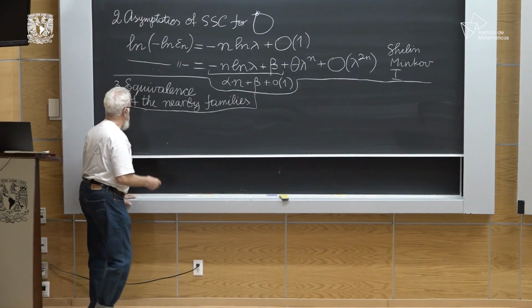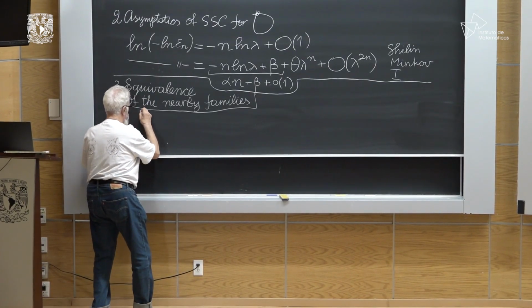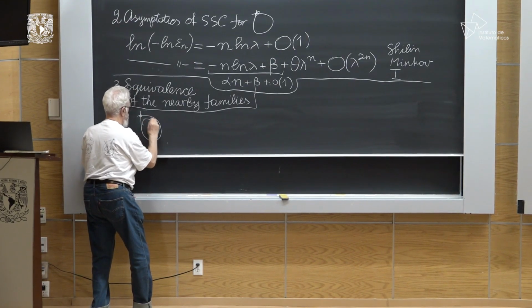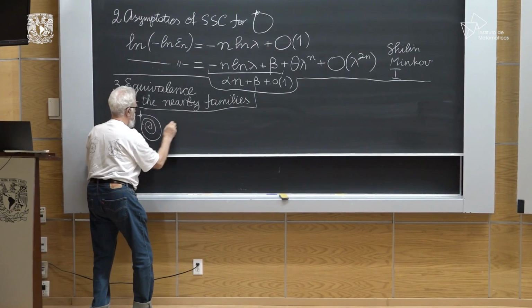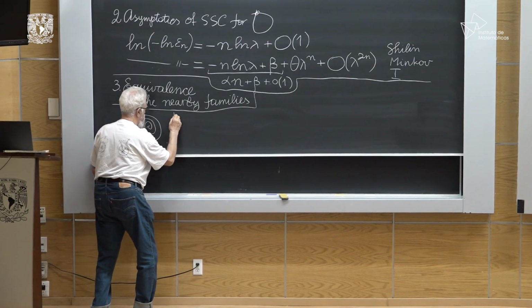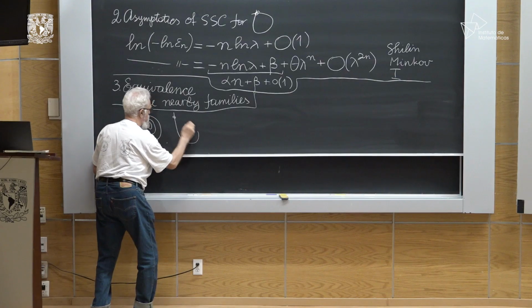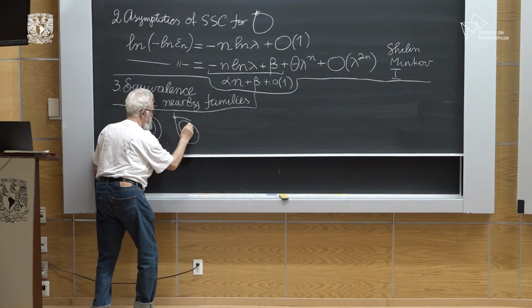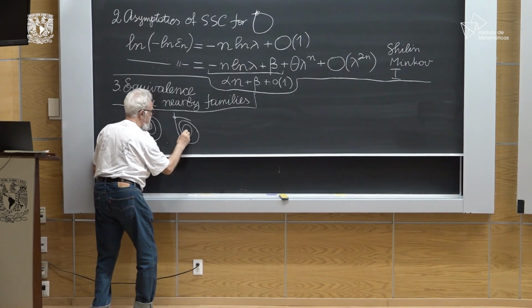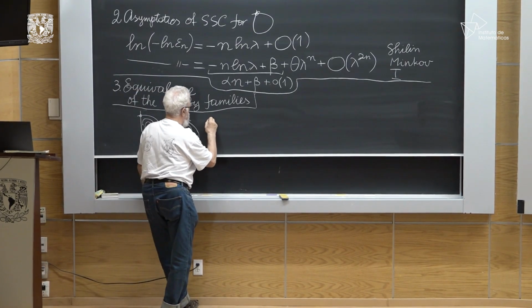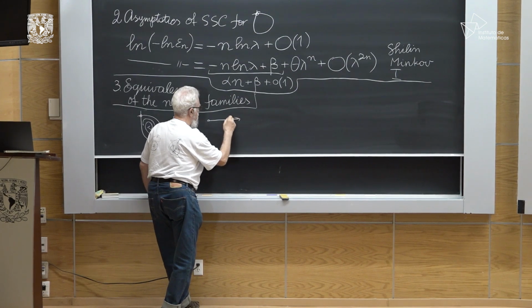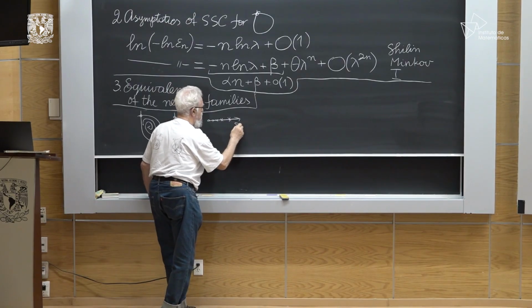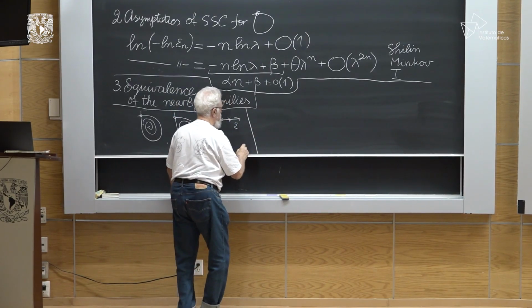But let us consider two families, a saddle with sparkling saddle connections, and imagine that you have the second family like this.